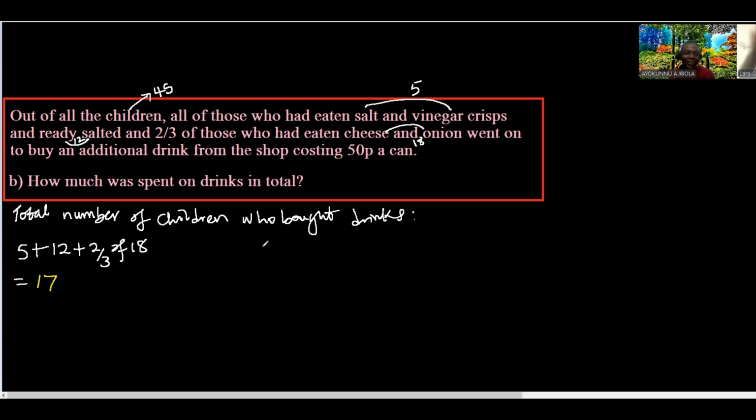Get me that one. I have done the addition. Fine. So what is two-thirds of 18? I meant the addition. Okay, 5 plus 12 is 17. Then two-thirds of 18, you already know, right? Divide 18 into 3 and pick 2 for me.